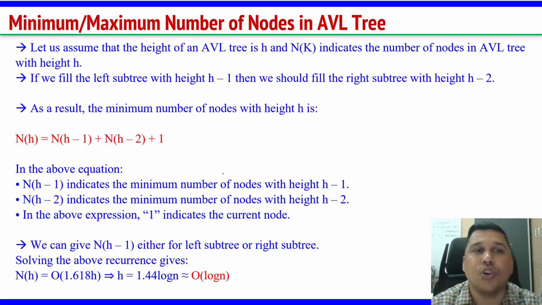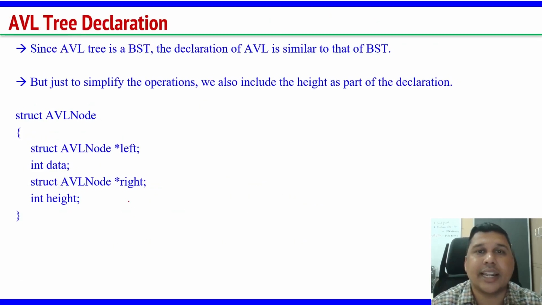So, we have seen how to find the maximum and minimum number of nodes in an AVL tree. We have studied that the left tree and the right tree should differ by at most 1 to be an AVL tree. This is the declaration of an AVL tree along with the data, left and right pointers in the single linked list format.